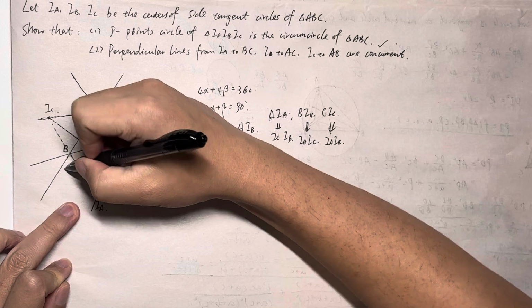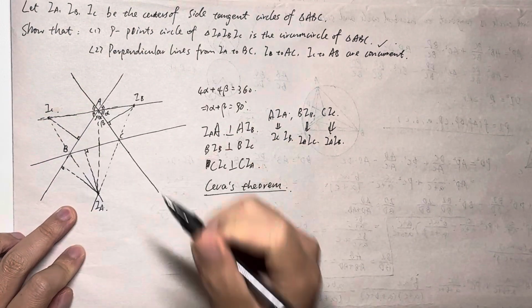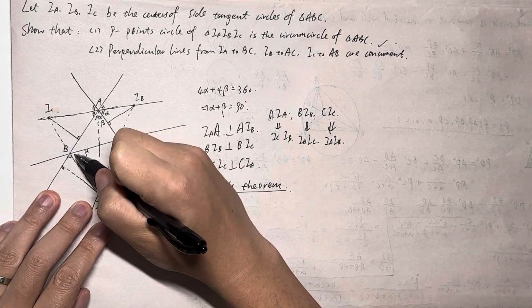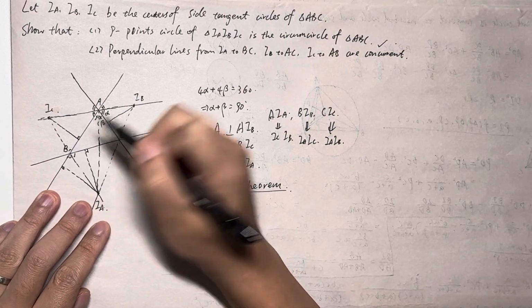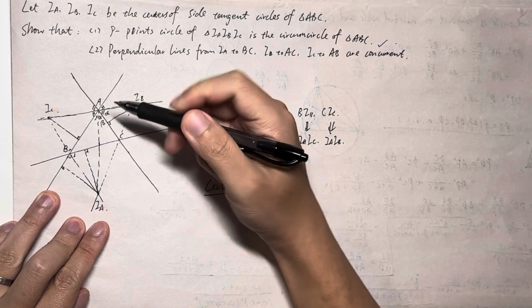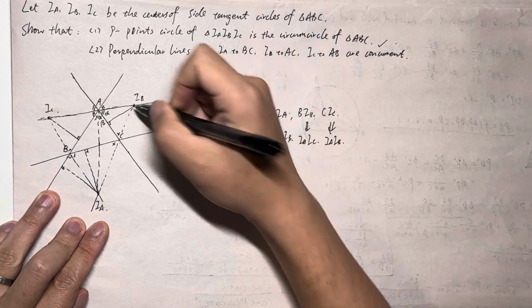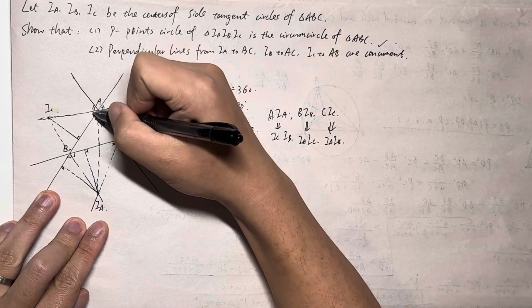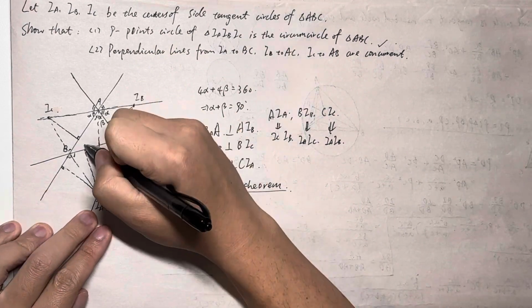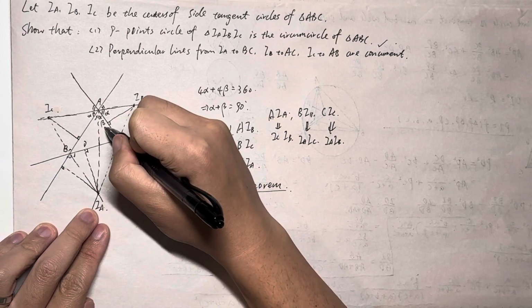Look at here, if I do this, we know this angle equals this angle equals this angle, right? Basically this angle equals this angle, and this angle equals this angle. Also, this alpha equals this one, alpha, right? So if we have these perpendicular lines, we name them D, E, F.